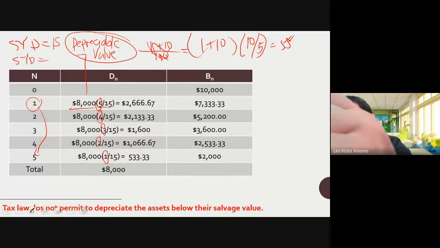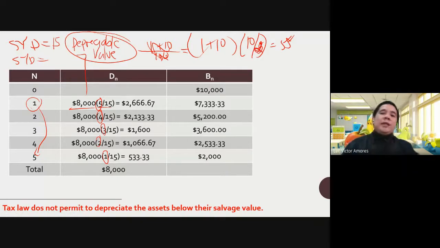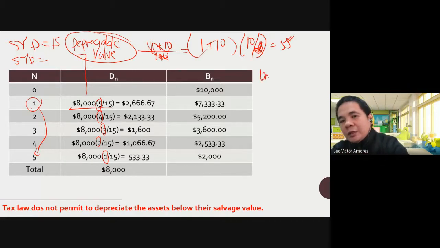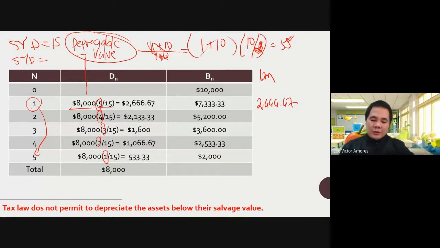This is 10 over 2. Kay median man. So that is 1 plus 10 times 10 divided by 2. And do not manually add 1 plus 2 plus 3 until 10 to make your life easier lang. So your DM or the accumulated depreciation, this is 2666.67 plus 12133.